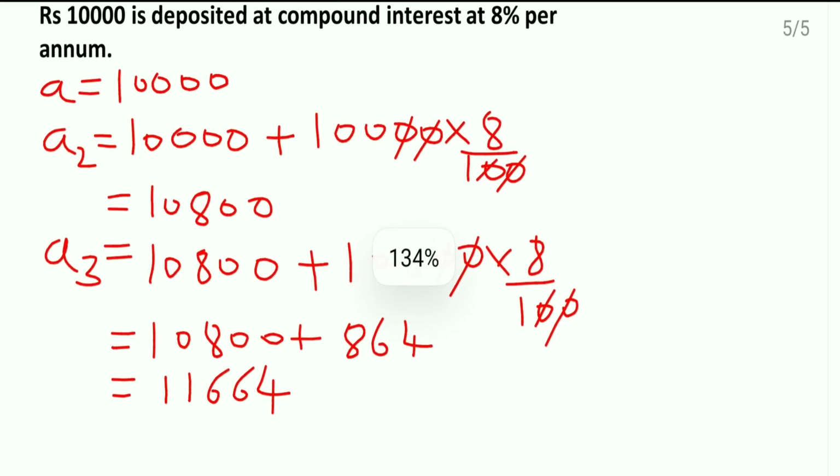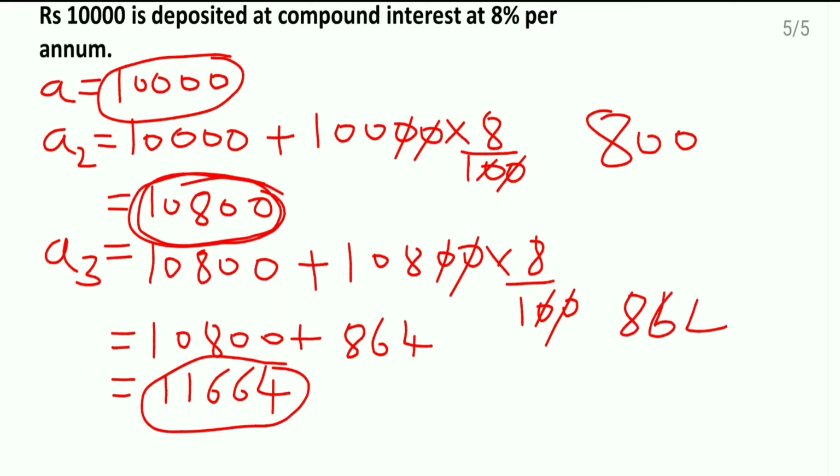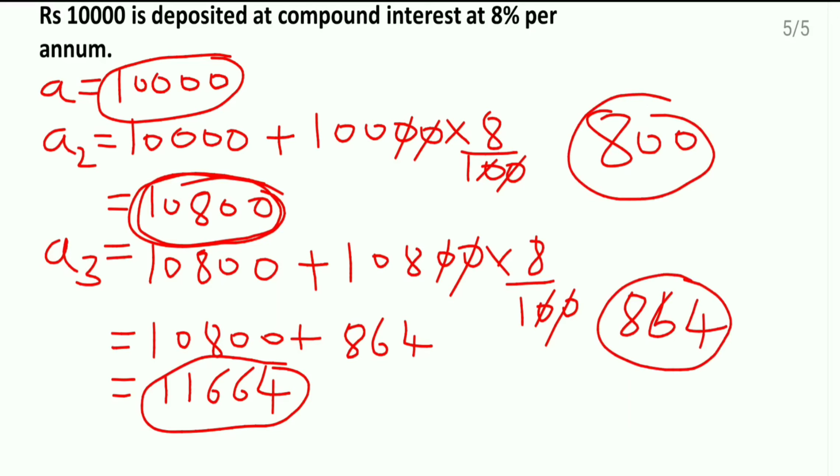Now you see here the difference between the first term and the second term comes as 800, and the difference between the second term and the third term comes as 864, right? This difference is not the same. Therefore, this is not the example of an arithmetic progression.